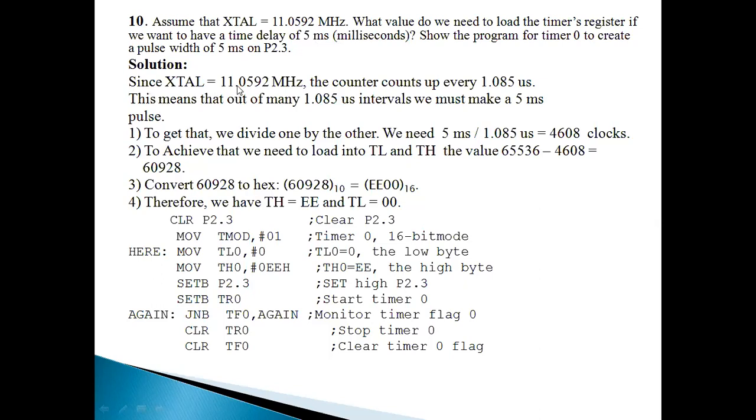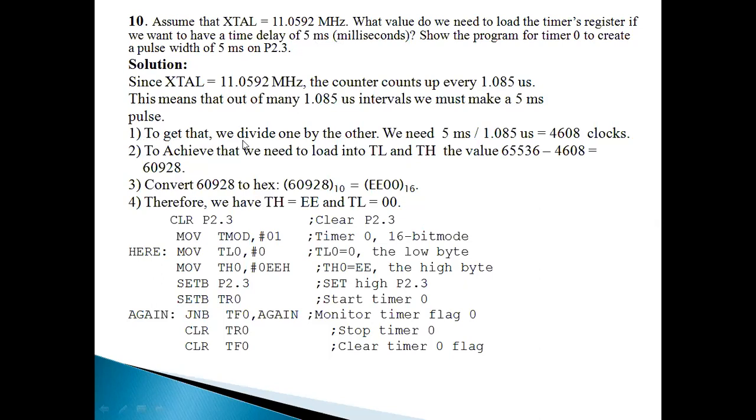Since xtal is 11.0592 megahertz, the counter counts up every 1.085 microseconds. So we know this calculation. This means that out of many 1.085 microsecond intervals, we must take a 5 millisecond pulse. To get that, we have to apply the 4 steps that we just saw.